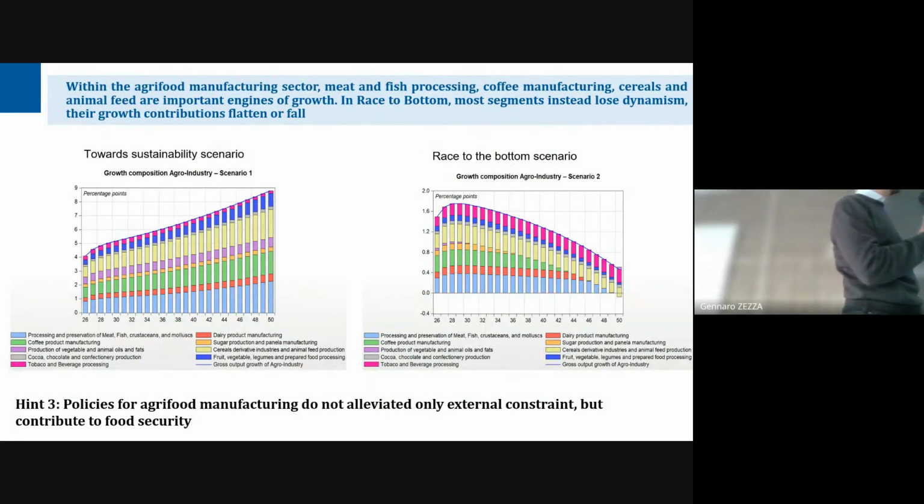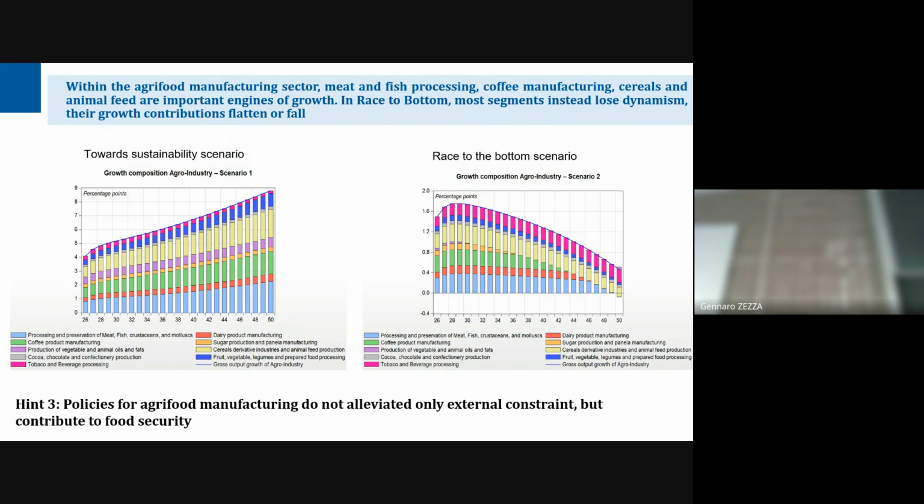And when we look at the composition now, just of the agri-food manufacturing sector, so here we look at the sectors benefiting from the shock, we see that we have three more dynamic sectors. One is coffee manufacturing. Not surprising, as was mentioned before, it is a highly export-oriented sector.